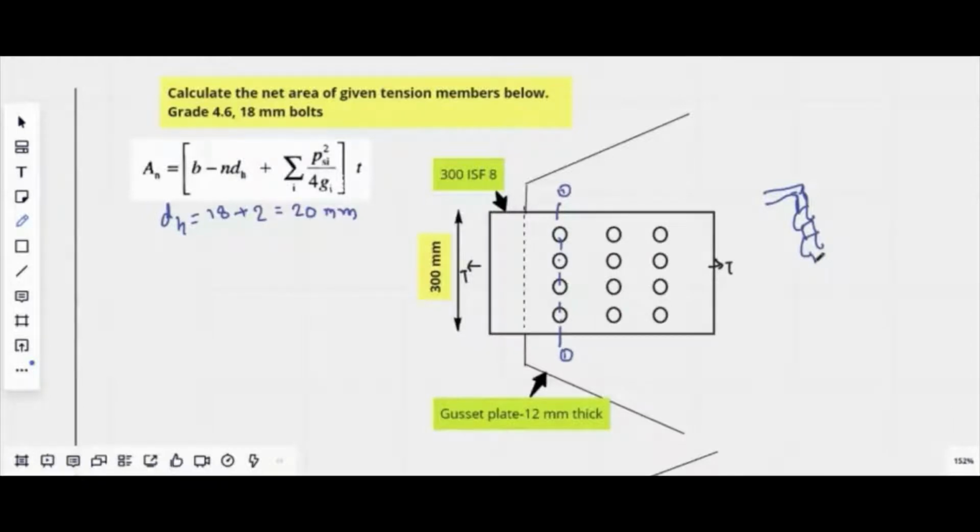This is one bolt, two bolt, three bolt. So the shaded portion will be my fracture zone.